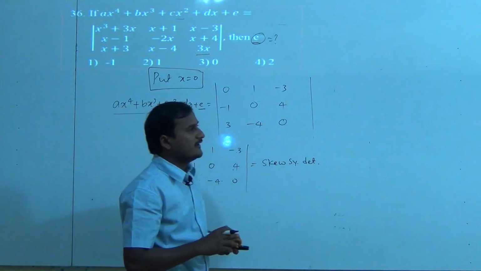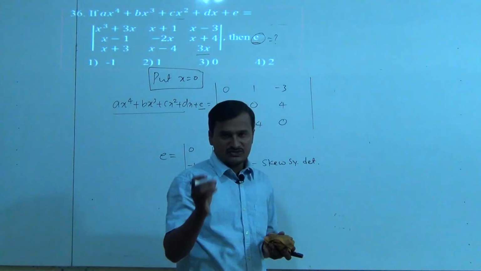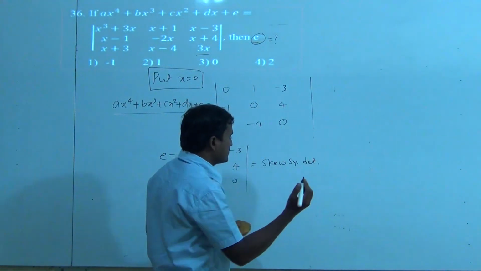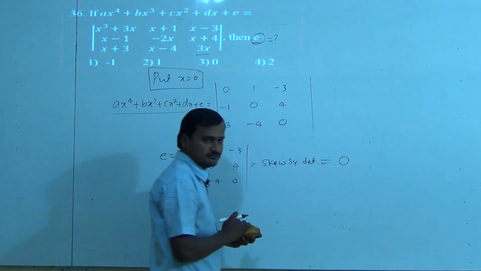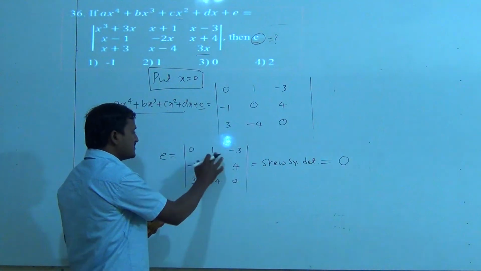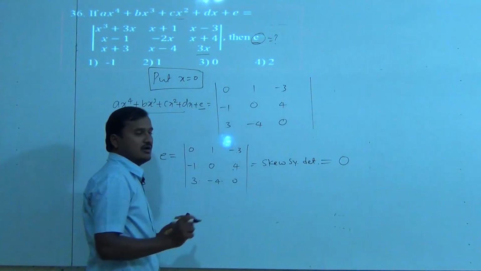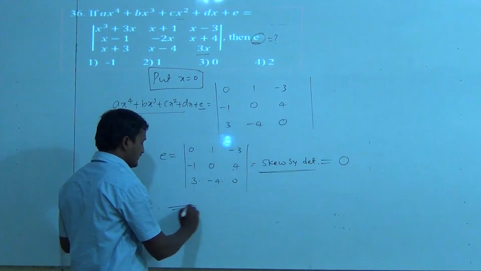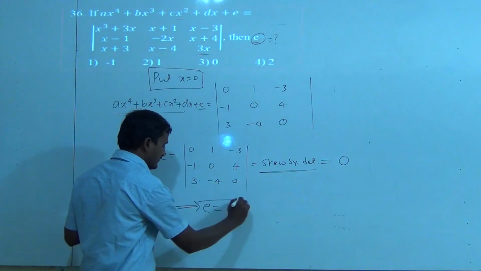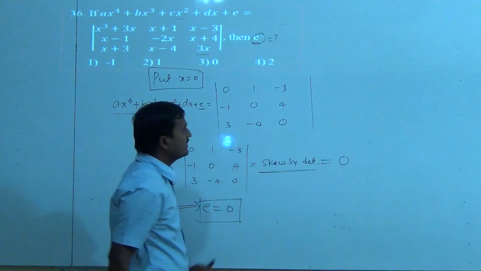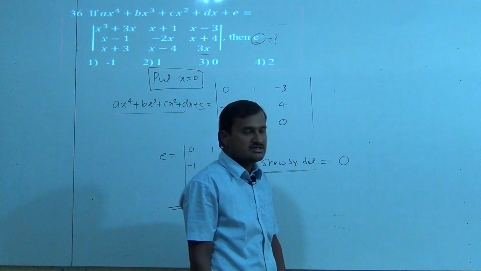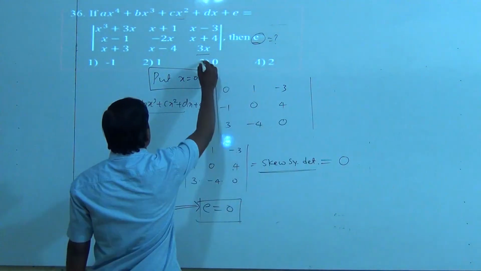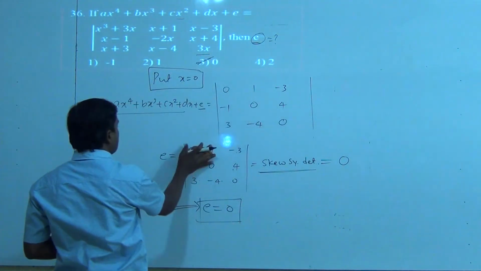You already know that if the given determinant is skew symmetric, then its value is 0. Therefore the value of e is 0, that is, the constant term in this polynomial is 0. Therefore which option is the right one? Clearly the third option is the right one.